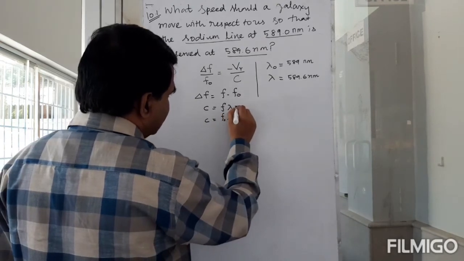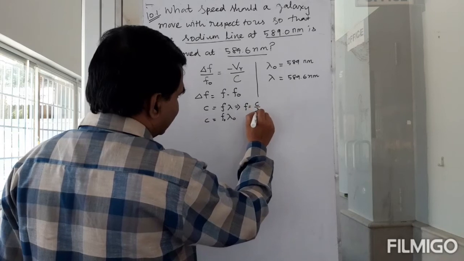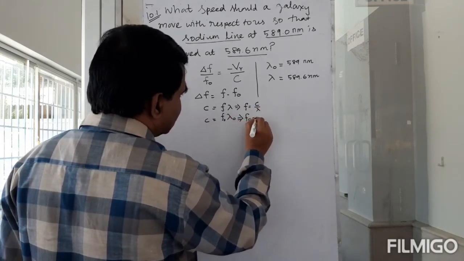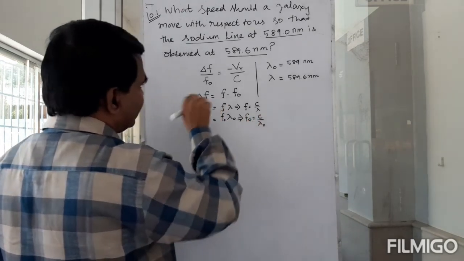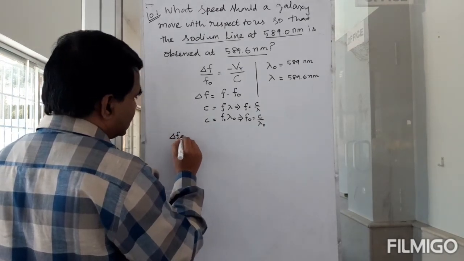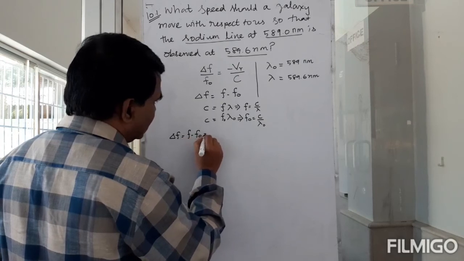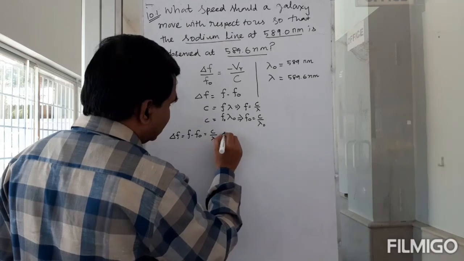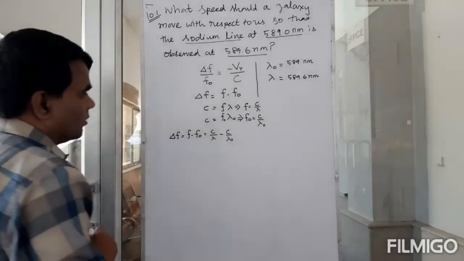This gives me f is equal to c by lambda, and this gives me f naught is equal to c by lambda naught. So can I find delta f? Delta f is equal to f minus f naught, and that is equal to c by lambda minus c by lambda naught.